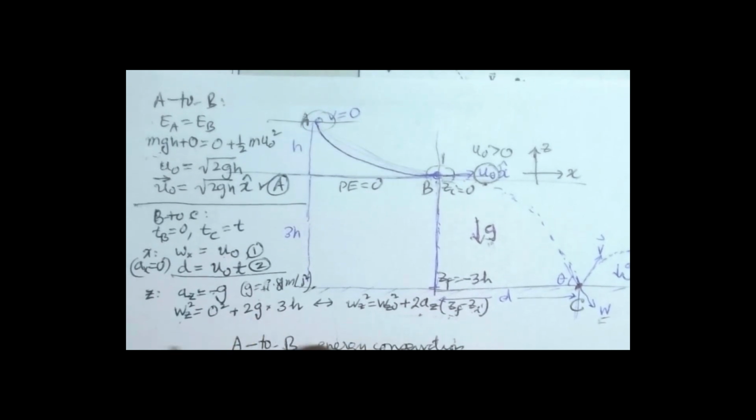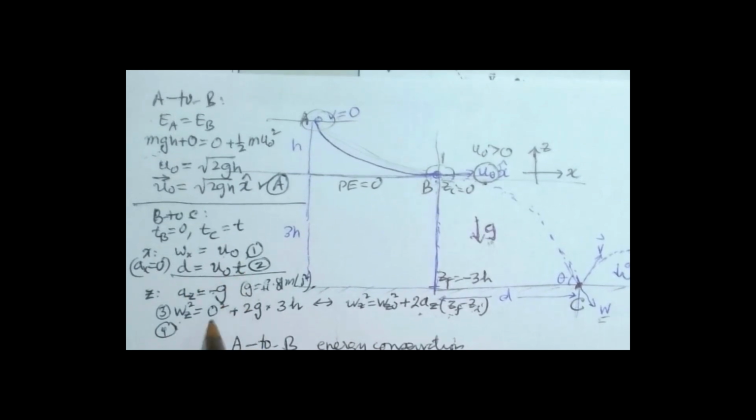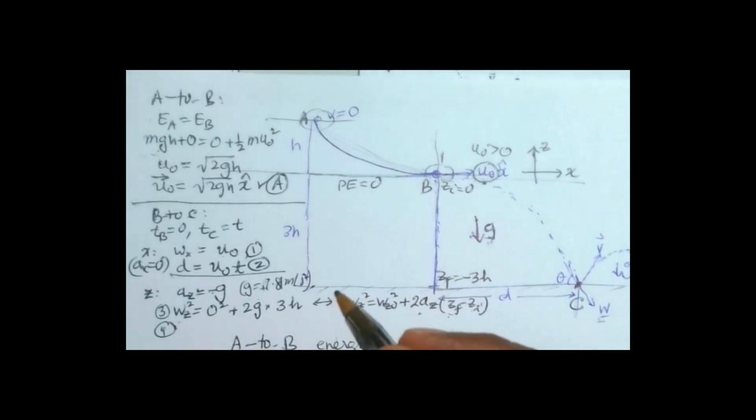Okay, so you can see the wz, that's one equation, so this is 3, and we can use the time component to actually get one more equation, right? But we may or may not need it.